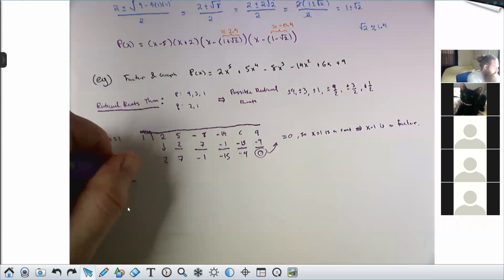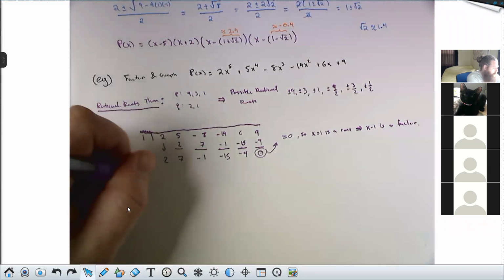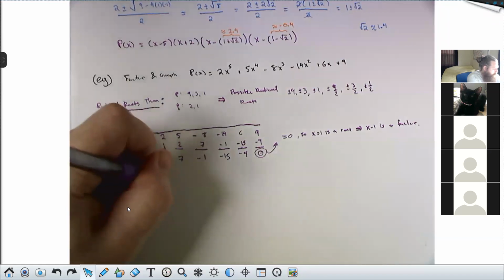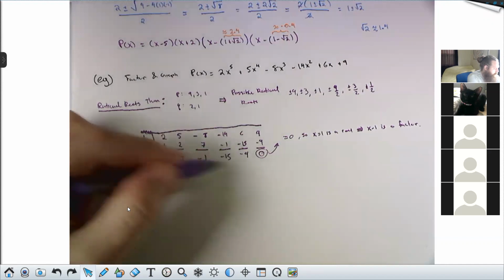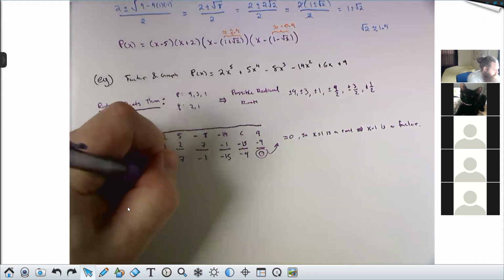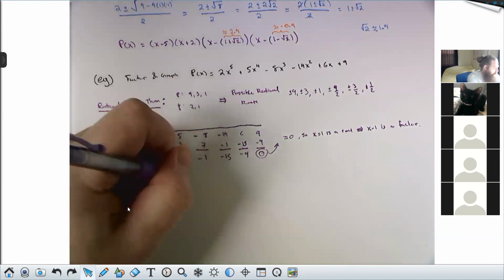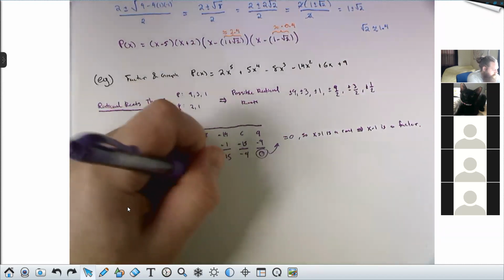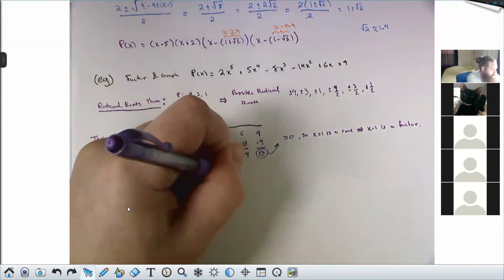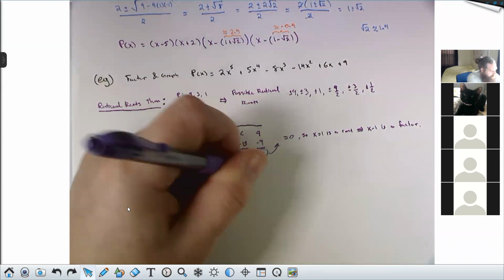I would now say p of x is equal to x minus 1 times, well, I started with degree 5 divided by a degree 1, so these are going to be the coefficients of a degree 4 polynomial in order: 2x to the 4 plus 7x cubed minus 1x squared minus 15x minus 9.